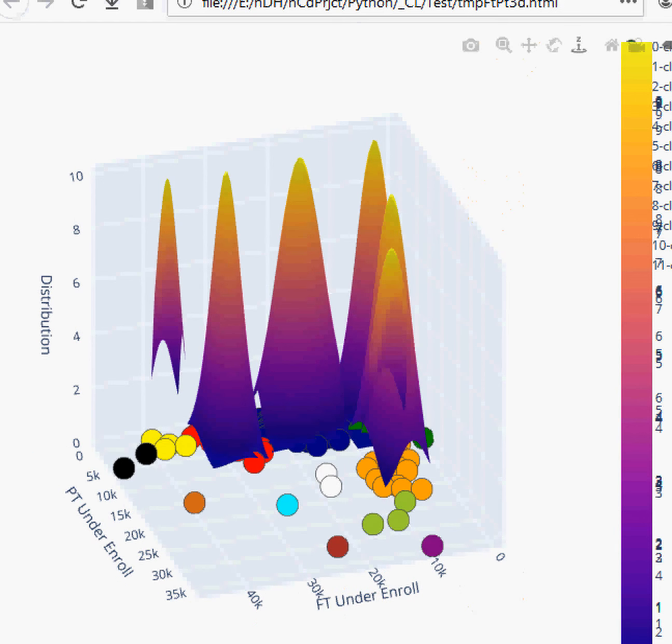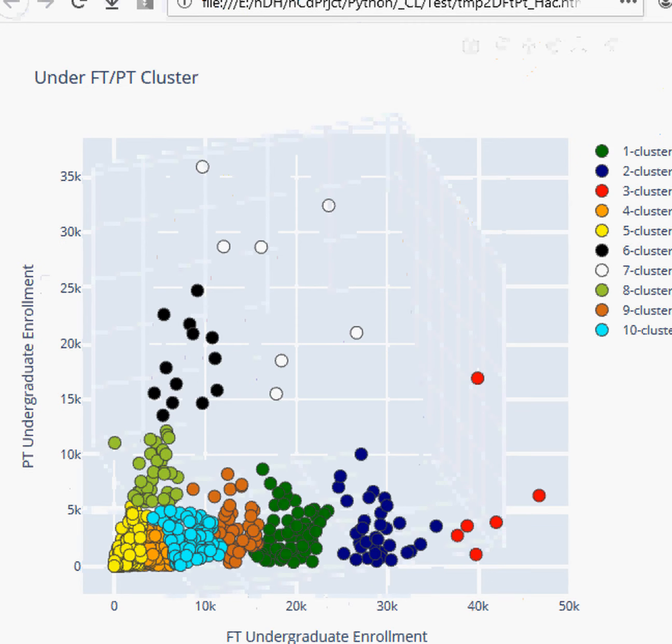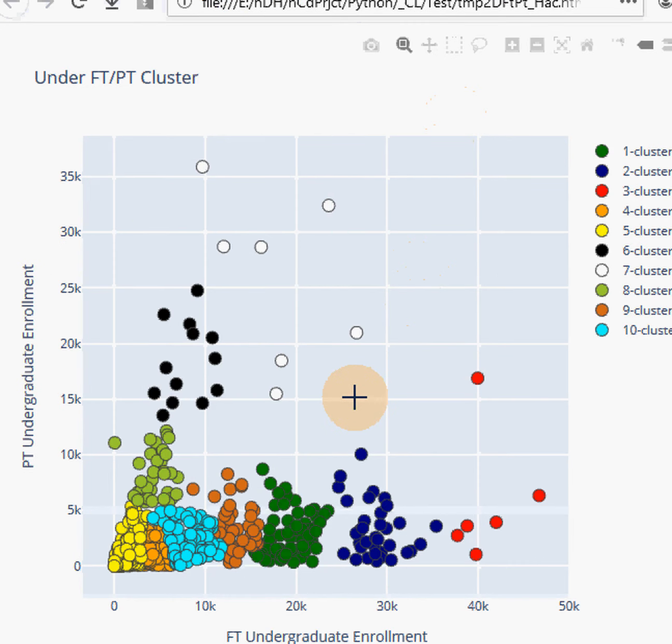Okay, and then the next thing I did is, okay, this is a different way of doing the cluster. This is what they call a hierarchical clustering method. And like I mentioned earlier, clustering and also peer analysis are still an evolving topic.